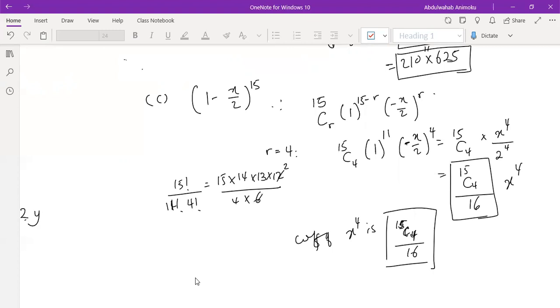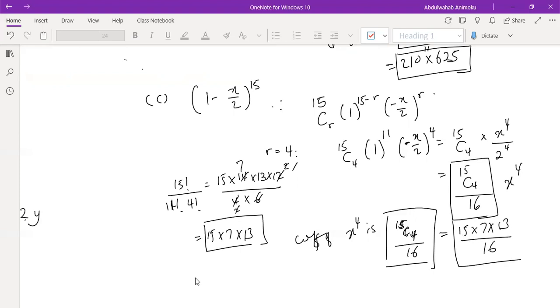This is 2, this is 2, this is 7. So if you can do 15 times 7 times 13, this value is 15 combination 4. So basically we have 15 times 7 times 13 over 16. This will be the coefficient of x raised to power 4.